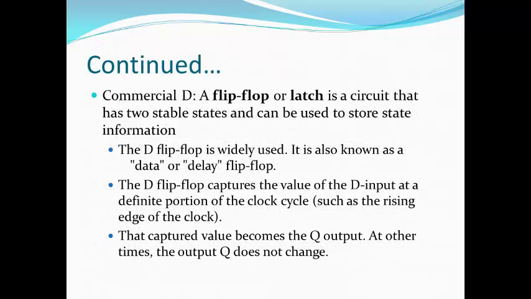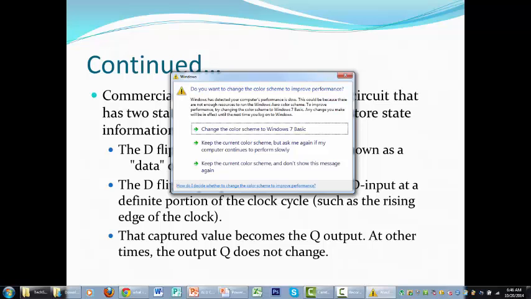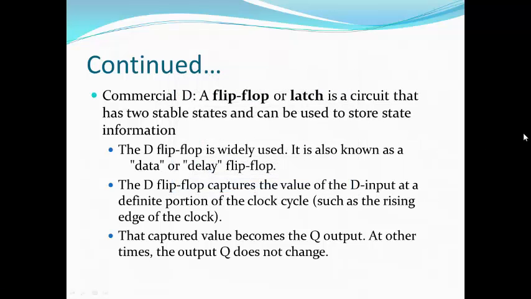And some more here. A commercial D flip-flop or a latch is a circuit that has two stable states and can be used to store state information. The D flip-flop is widely used.